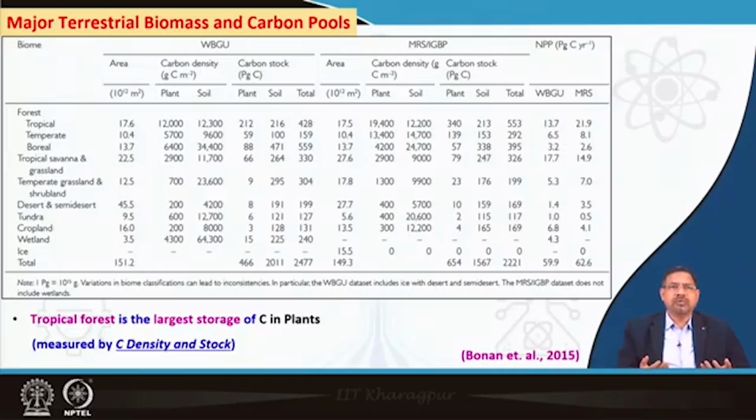So, the tropical forest, the temperate forest, the croplands, the wetlands will have different amounts of carbon sequestration, which we measure in terms of the net productivity in petagrams of carbon per year, as shown in this particular table.